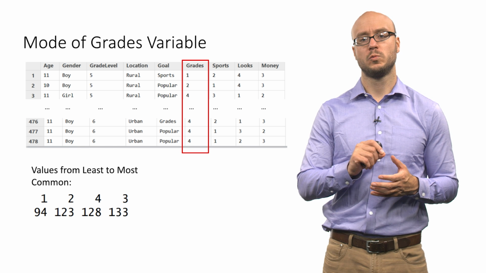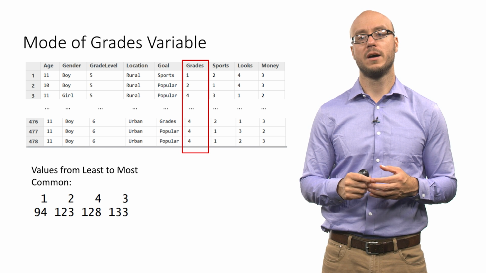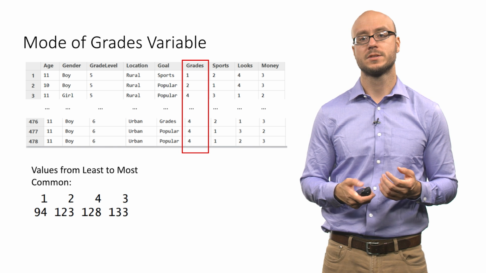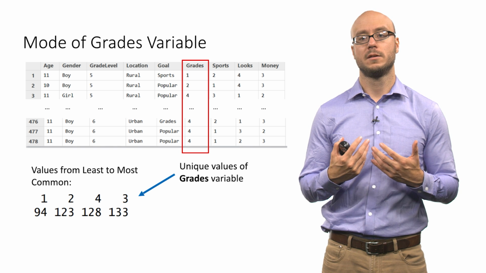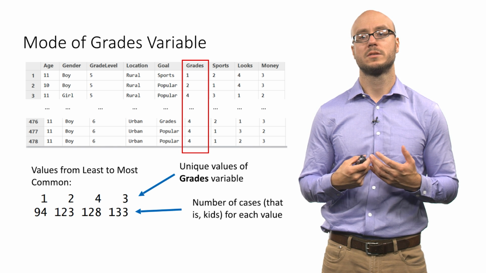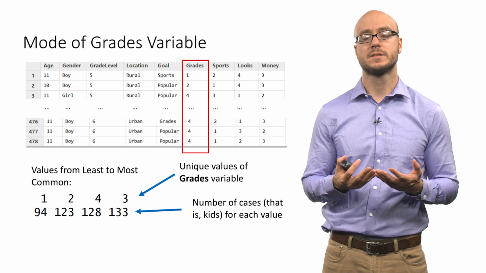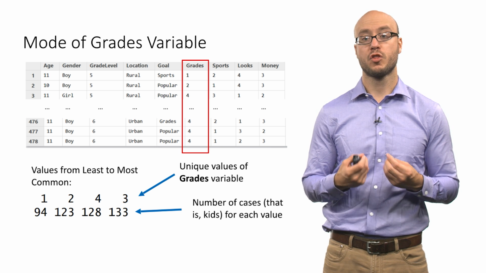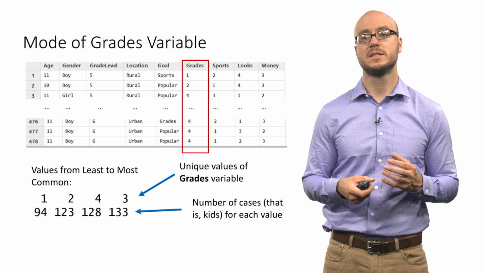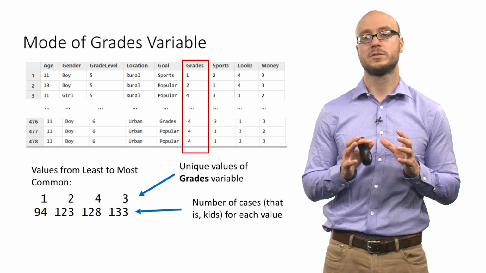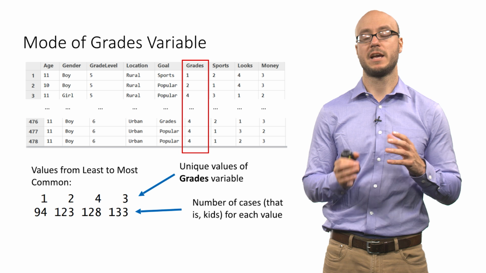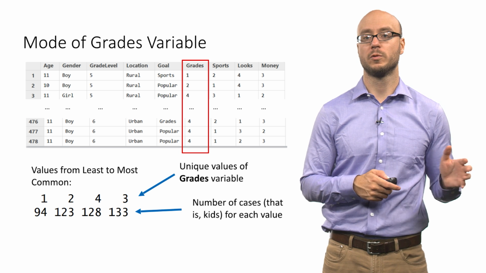So when you look at this table of frequencies or counts, you can see that for grades, the mode is 3. Okay, so the mode of the grades variable is 3. Most students ranked grades as 3 rather than 4, 2, or 1.